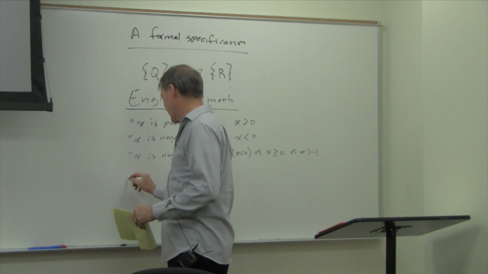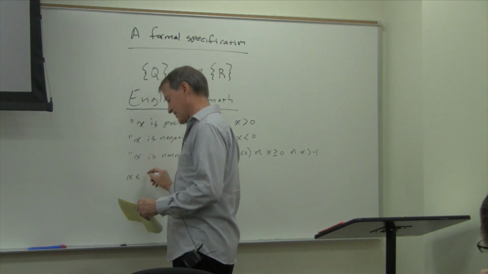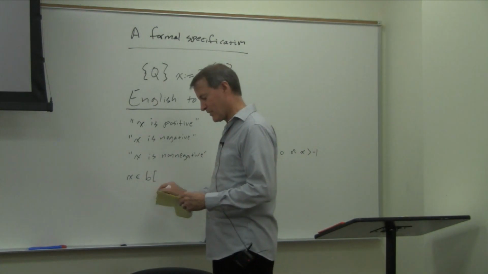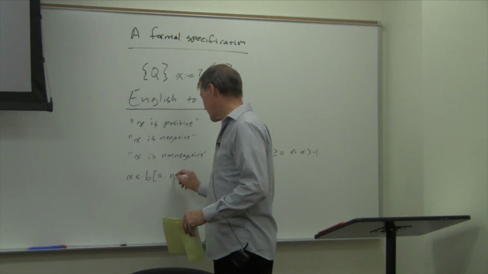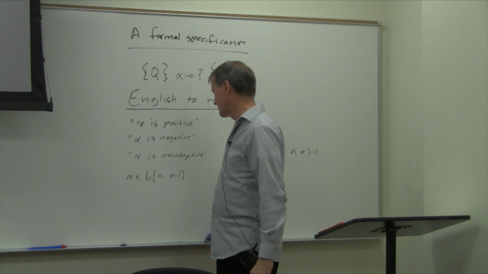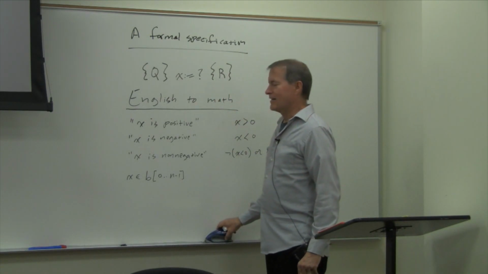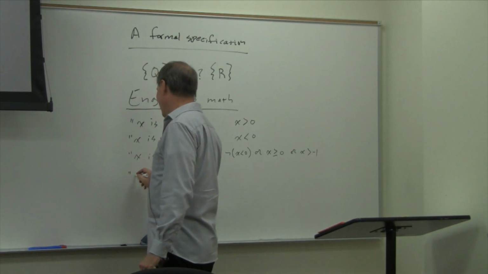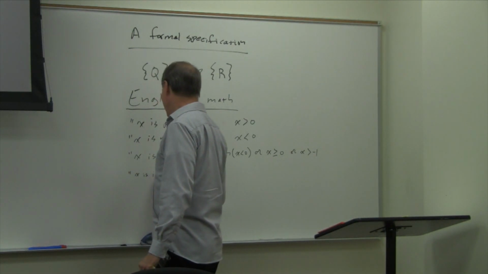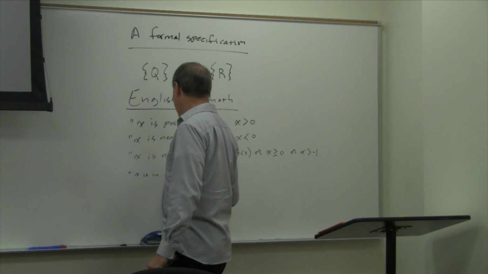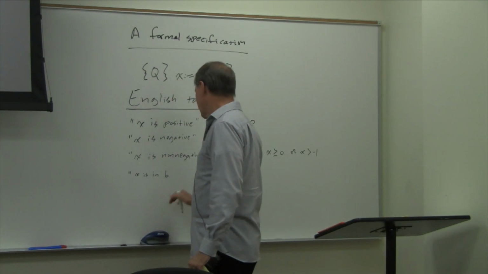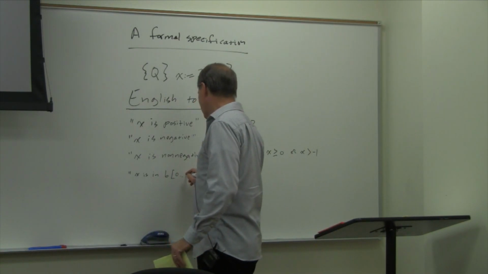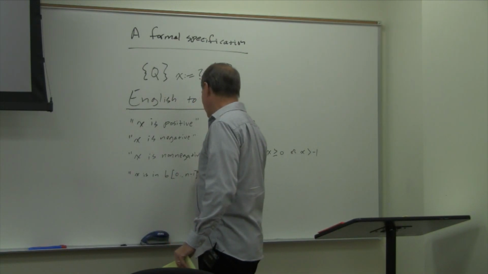Okay, Josh, you got this one. How about this? X is an element of B, where B is an array, subscripted 0 to n minus 1. That's not English at all. All right, let me say it: X is in B, 0 to n minus 1.